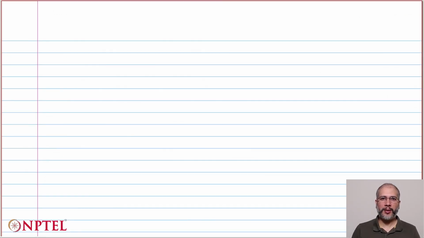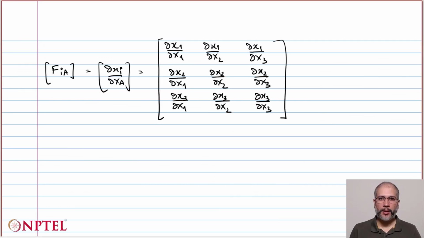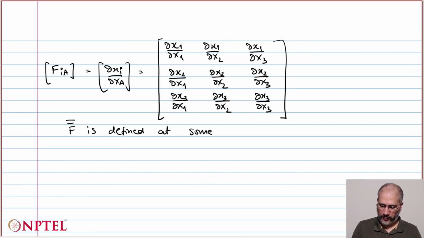Let us expand the F tensor and look at its terms. So these are the 9 components of the tensor F. And please remember that F is defined at some point P, some material point, because it was the information of deformation that's happening around a material point P that we started with.